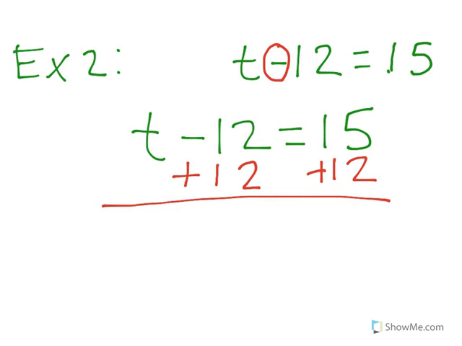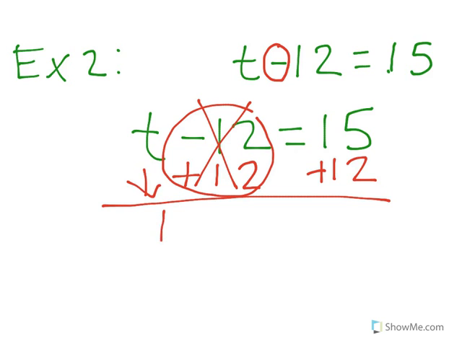Notice how I put the adding sign right under my subtraction sign, and I'm just adding 12 to my minus 12. Minus 12 plus 12 cancels out. I'm going to bring down my t, bring down my equal sign, and say 15 plus 12 equals 27.